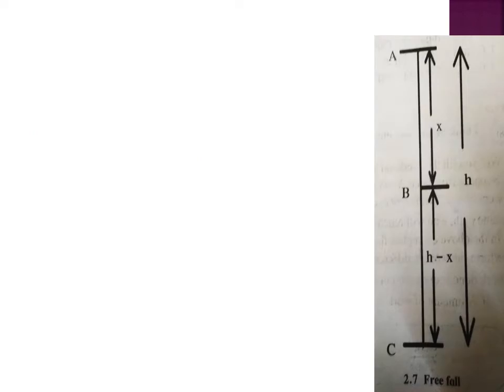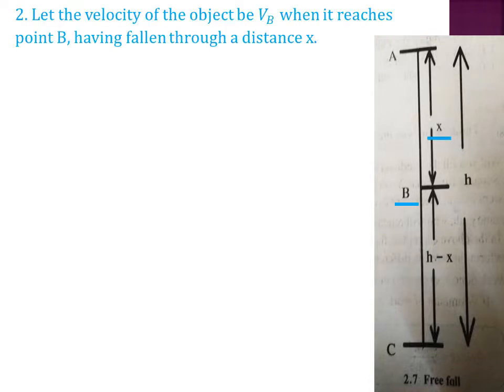Let the velocity of the object be Vb when it reaches point B, having fallen through a distance x. Now here initial velocity is equal to 0, distance is equal to x, acceleration will be equal to g, that is acceleration due to gravity.